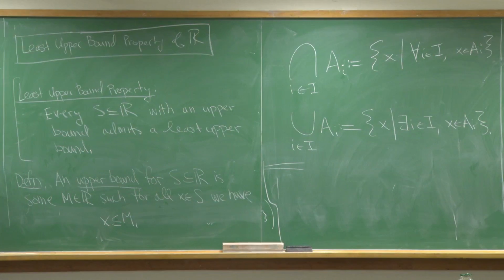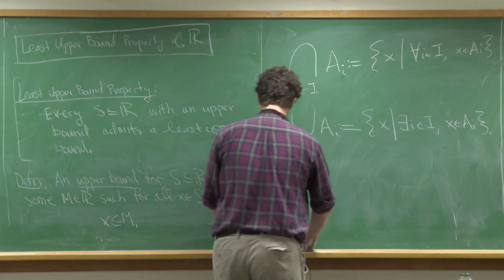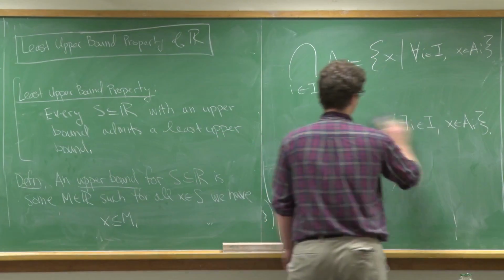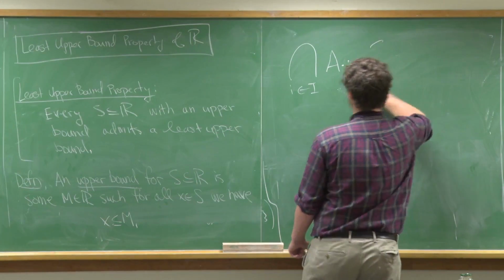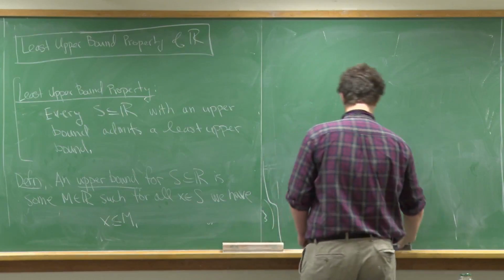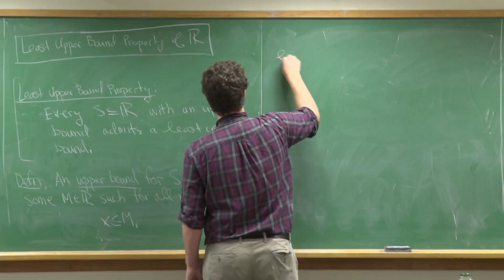That's an upper bound. If a set has an upper bound, we say it's bounded from above. Let me give you some examples.